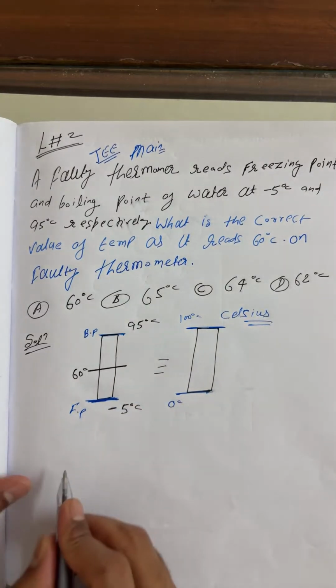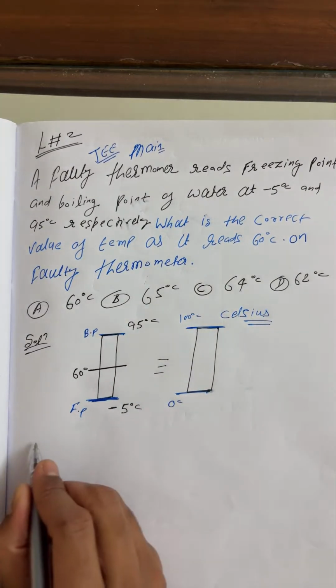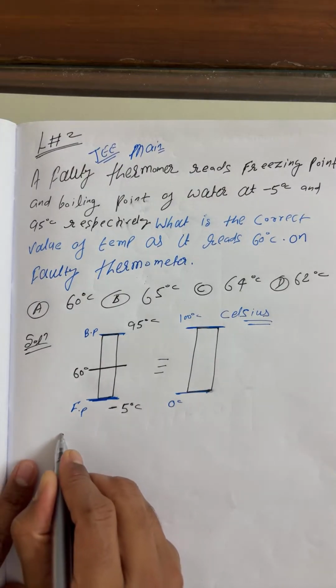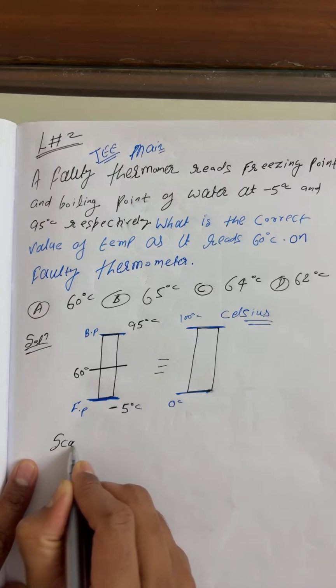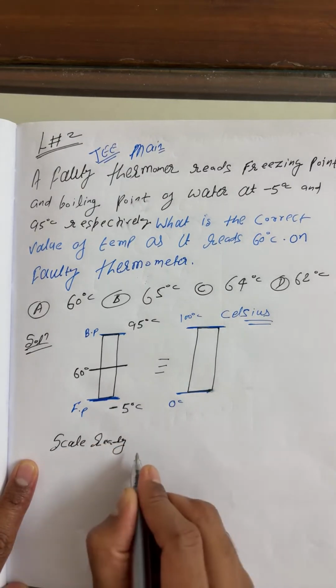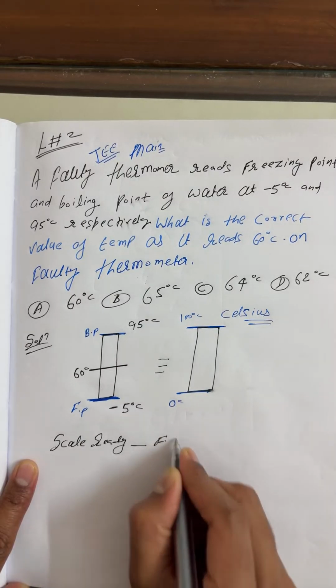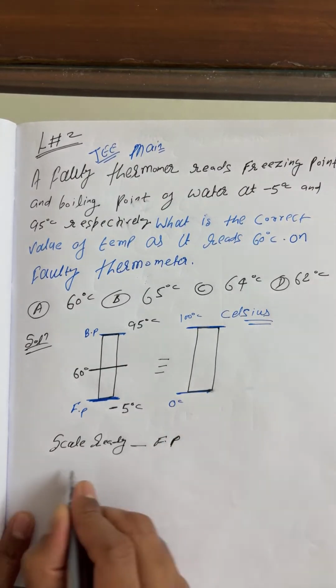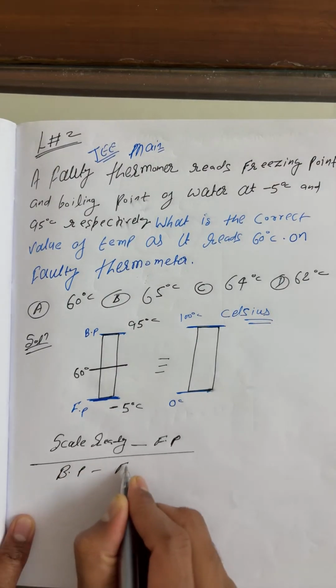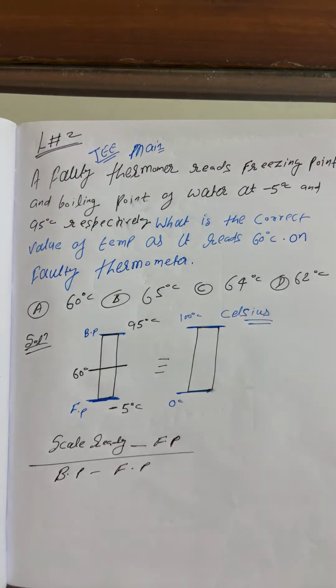So student, there is a formula here which remains the same. I said it yesterday, but again I'm repeating: scale reading minus freezing point upon boiling point minus freezing point.